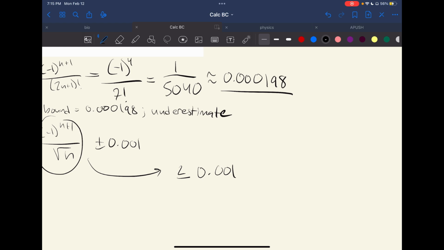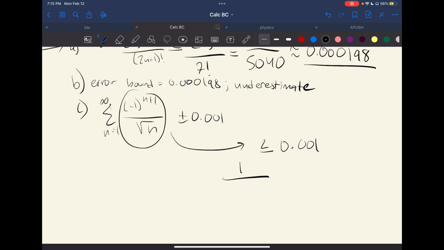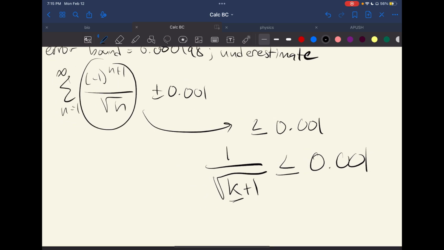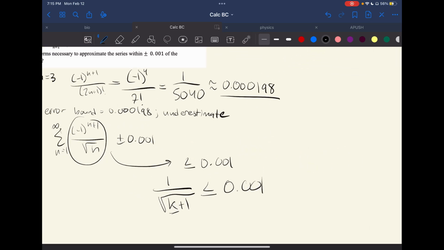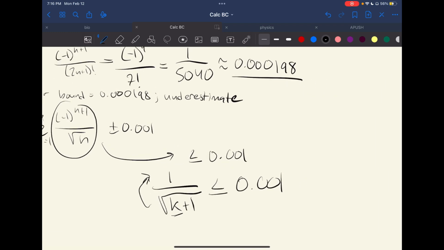Okay. So again, we're going to use the first omitted term. So we're going to use 1 over root k plus 1, where k is our value for the least number of terms that you need to approximate the series, okay? So basically, if you move this up to the numerator, then you have to also divide this by 1.